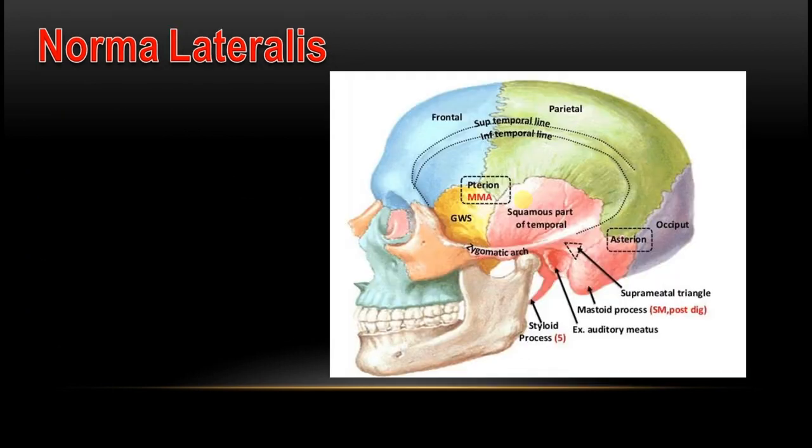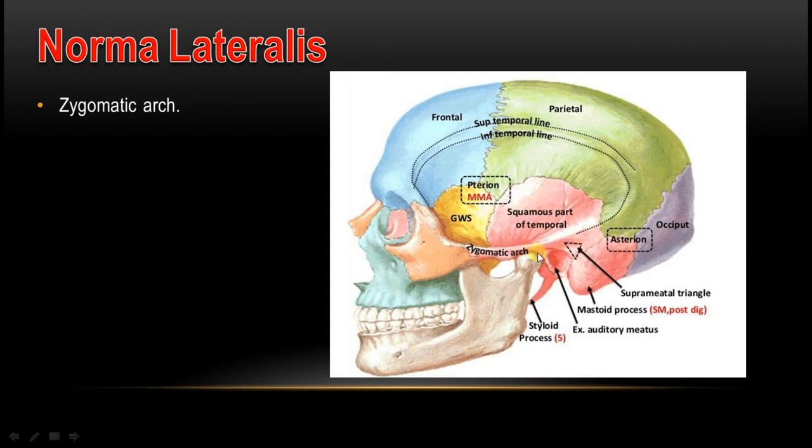So the other aspects of the Norma lateralis, as I told you, mainly the zygomatic arch, which is formed by the zygomatic process of temporal bone and the temporal process of zygomatic bone. So this zygomatic arch has got an anterior root and a posterior root.